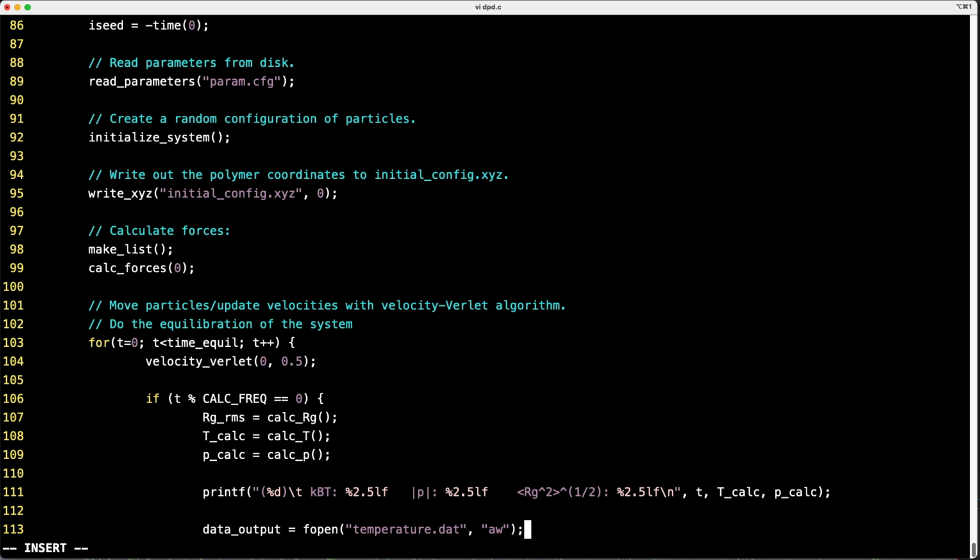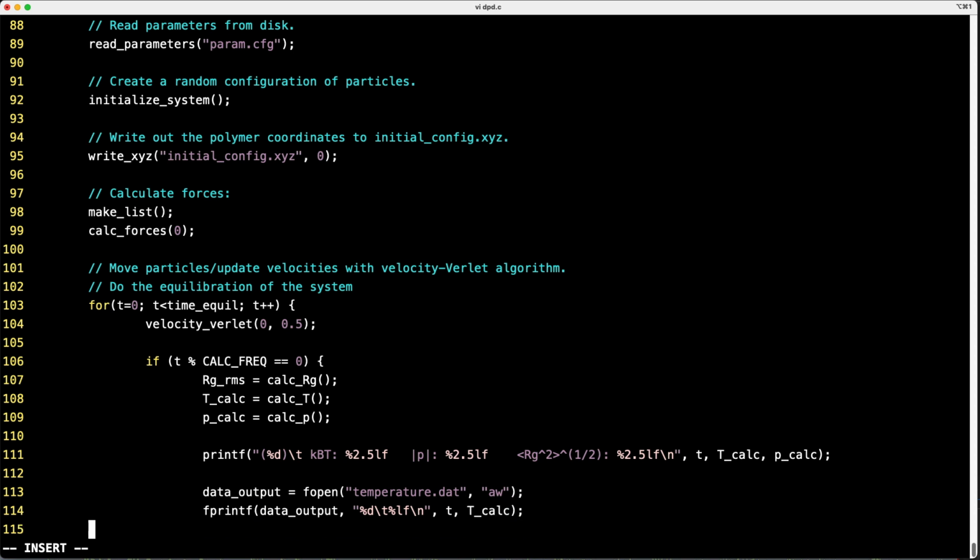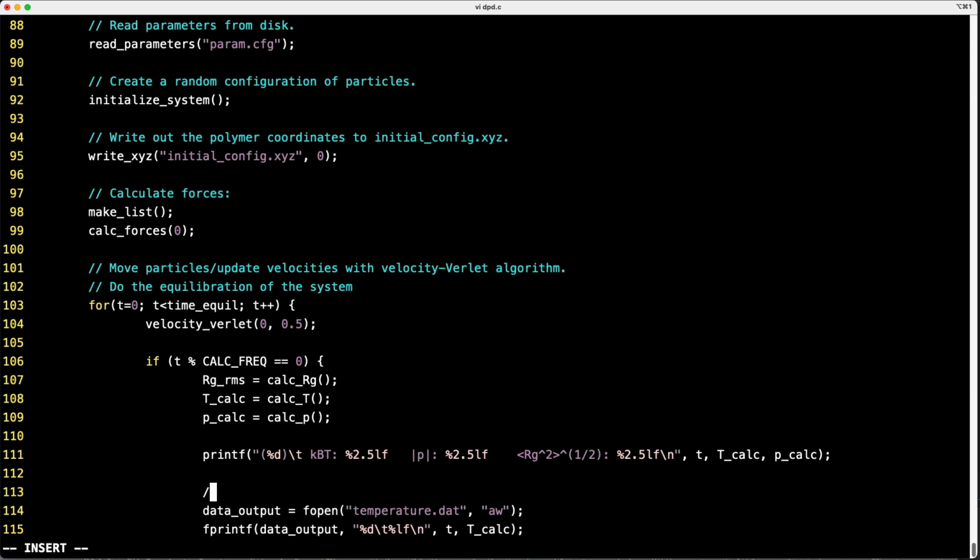Let's append to it. And let's print to that file the time step and the temperature. So this will be T and T calc. Okay, so output temperature to disk.